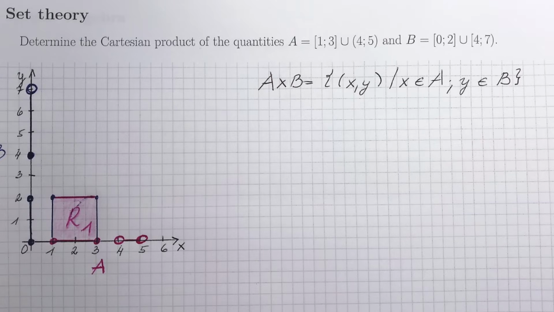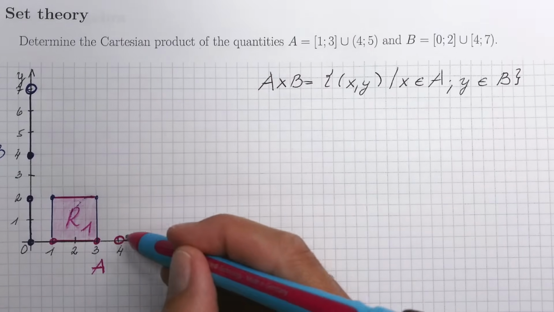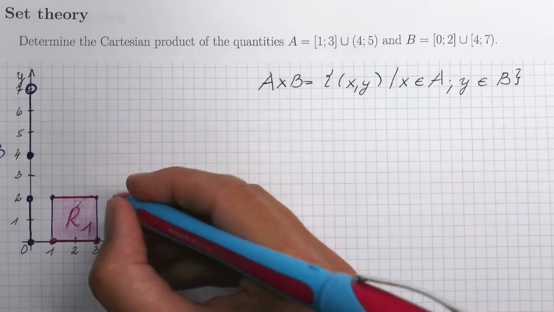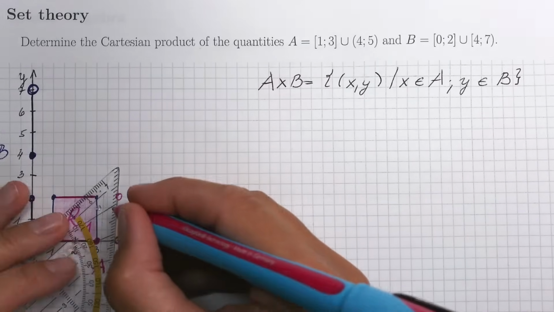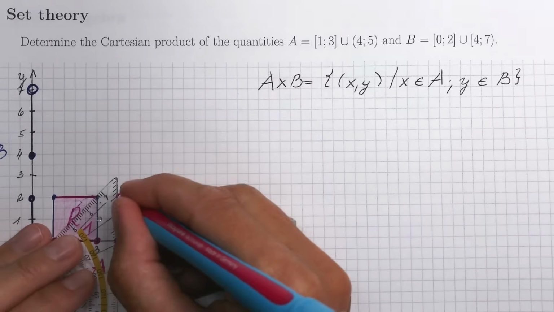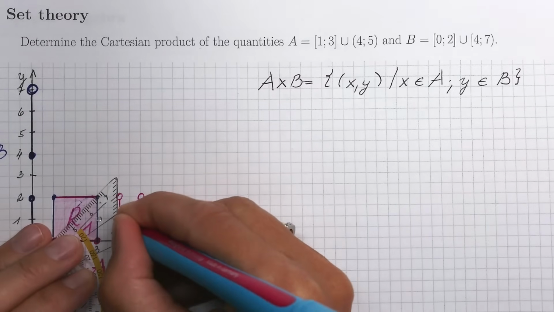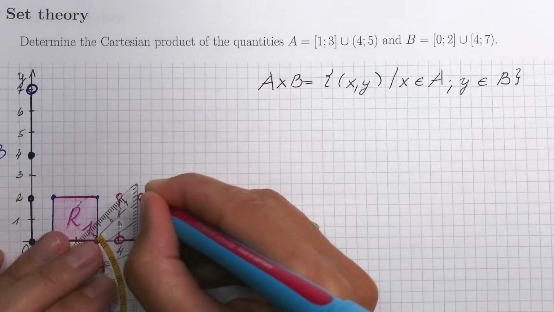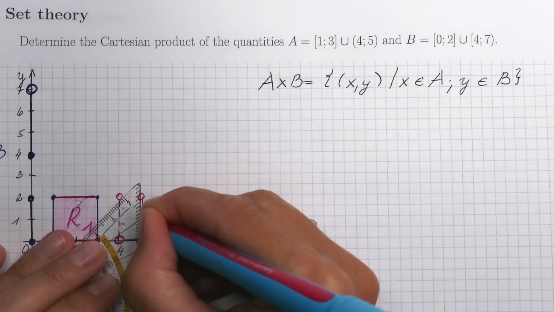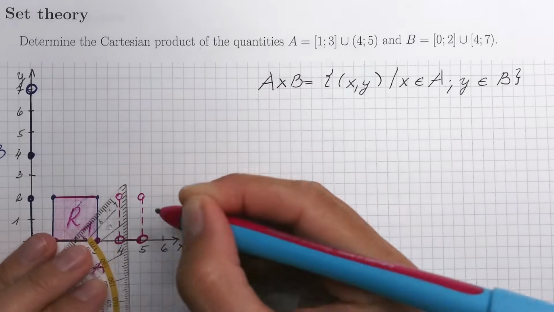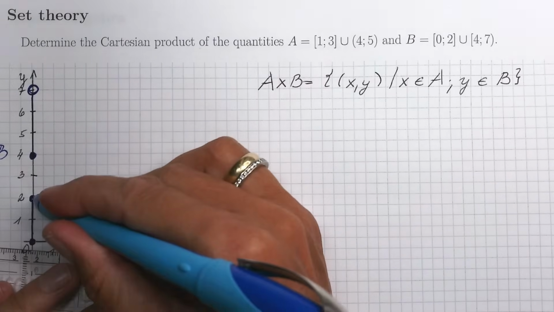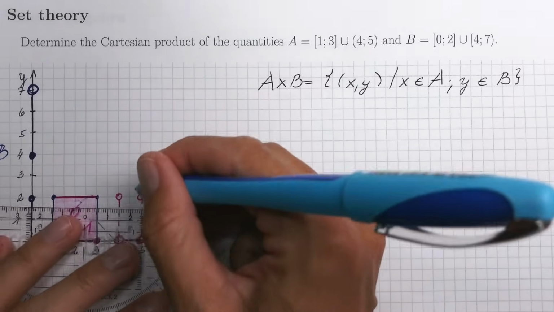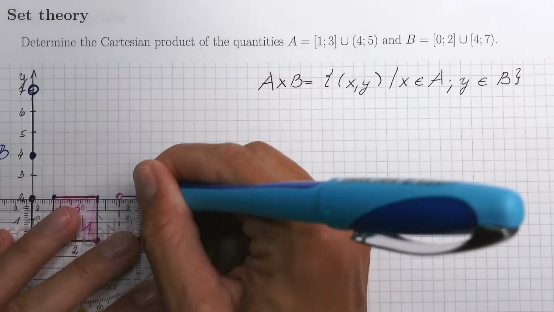Now let's go here, 4 and 5. Because the edges are not included here, they cannot be included here either. And because here we take this kind of interrupted line, it's not a continuous line, but here the edge, because the 2 is included, the edge is included.